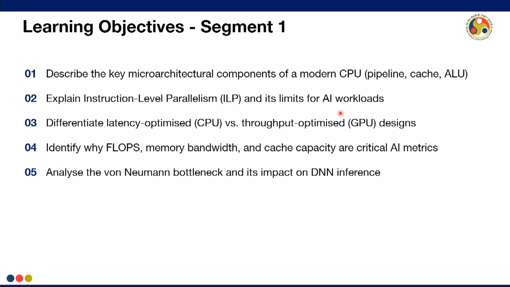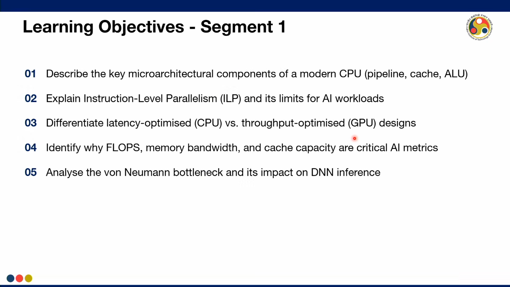So we will understand their performance point of view. CPUs are mostly latency optimized and GPUs are designed to be throughput optimized. We will discuss what exactly the GPUs are good for and what the CPUs are good for, and do a kind of study in this segment.